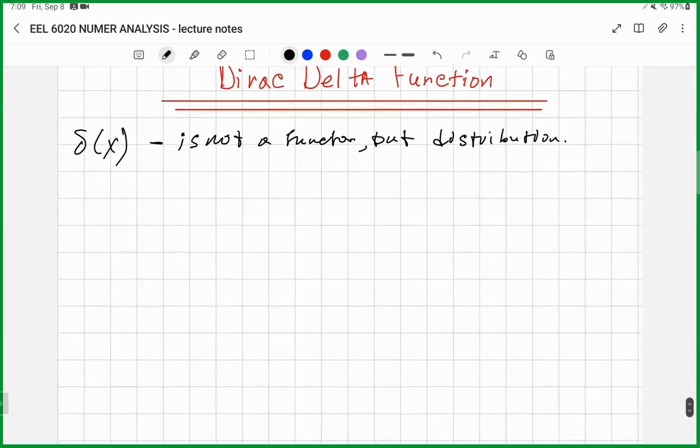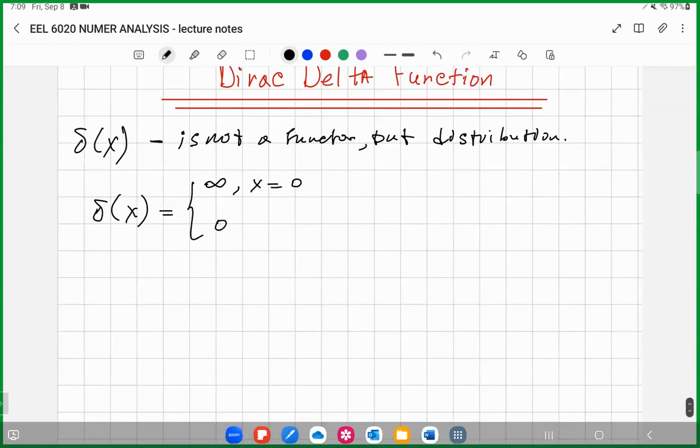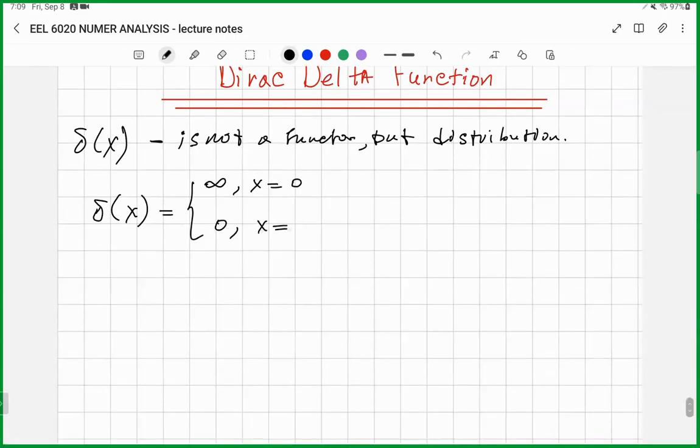What I mean by this? Basically, delta function can take only two values: either infinity if x is equal to 0 for the centered delta function, or 0 when x isn't 0.